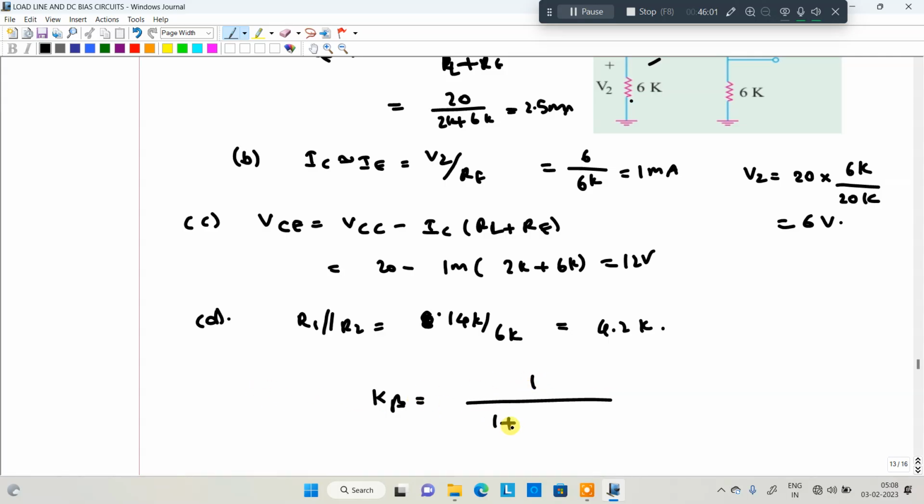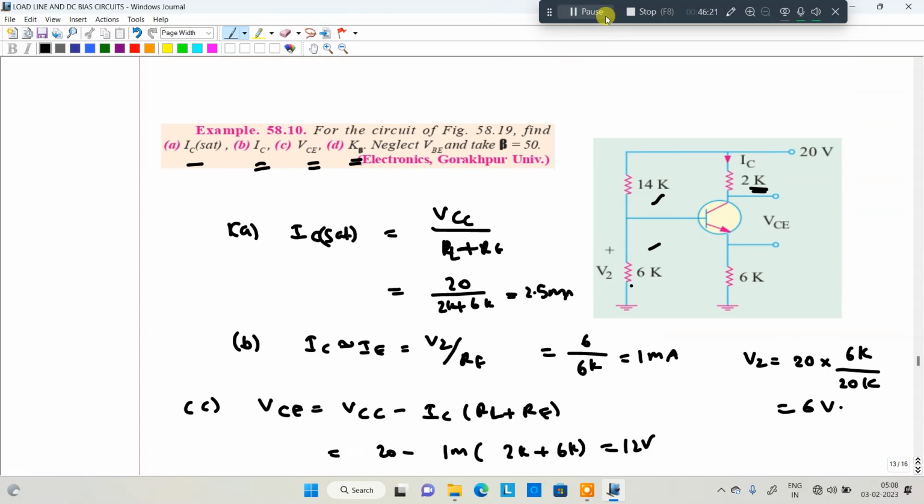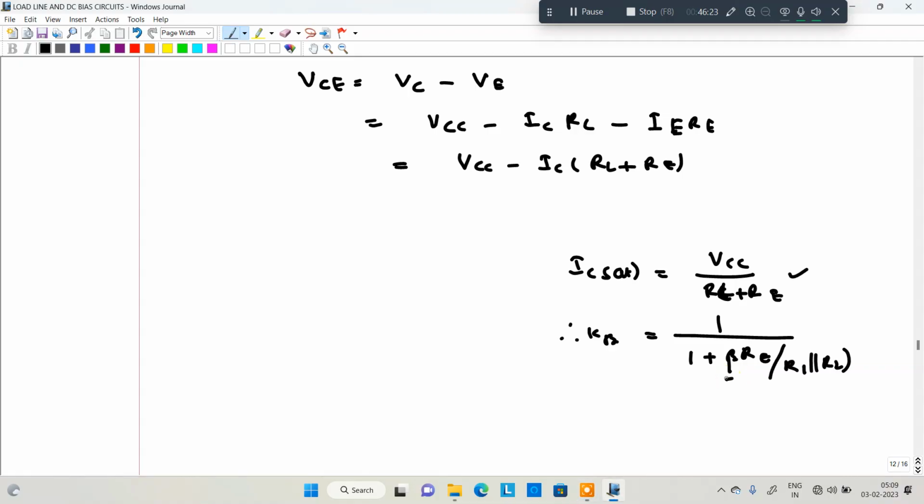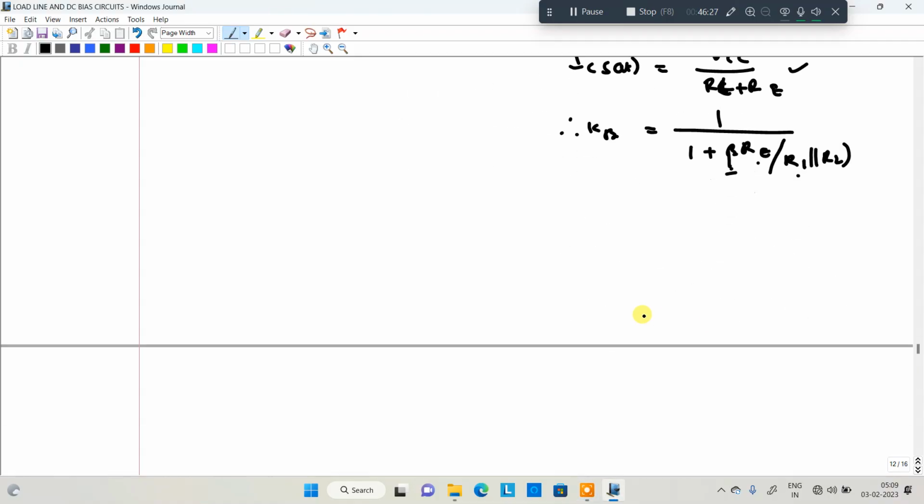Beta is 50 into RE, 6, divided by the parallel combination, 4.2, that will be equal to 0.0138. Okay, this is the formula for K beta: beta into RE by R1 and R2 parallel combination. So finally, that is the solution.